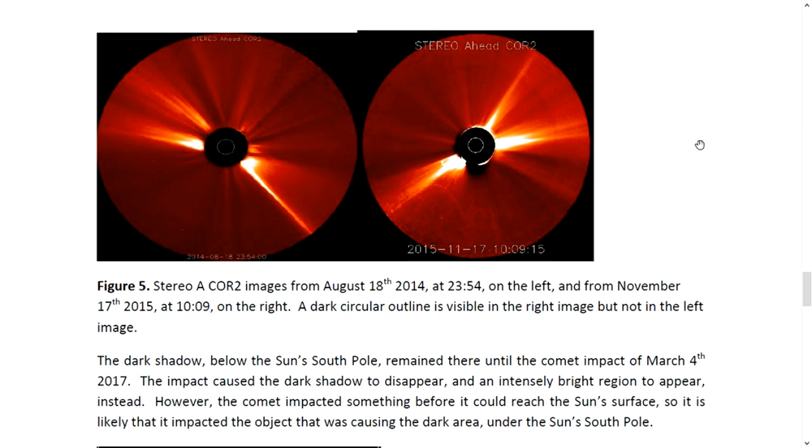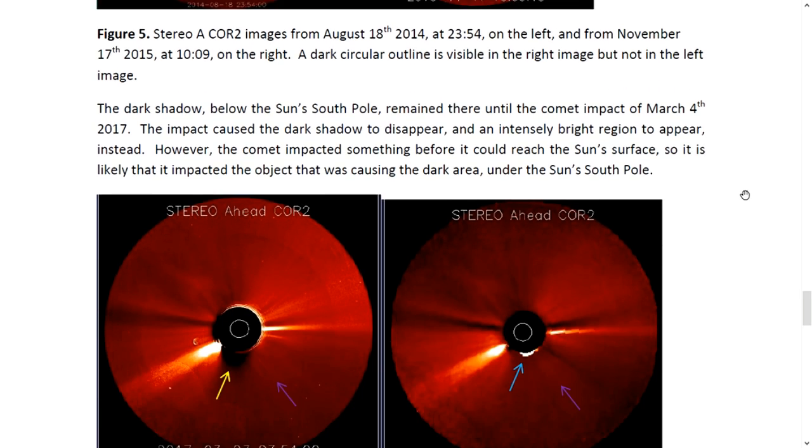Now, a few weeks ago, myself and Chris Potter were analyzing some images from the STEREO Ahead COR2. And as we were talking, we were analyzing this piece of footage, and we saw a small comet come out of nowhere, and it seemed to impact the sun. At the time we were watching this footage, there was a very large, well, we'd just call it a shadow at the base of the sun.